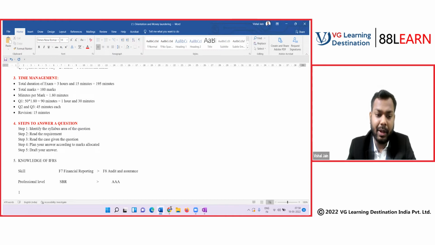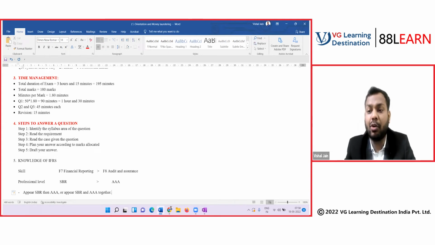The combination can be first you appear SBR, then AAA, or appear SBR and AAA together. Okay, appearing SBR after AAA is not a good option. It's not a good option.